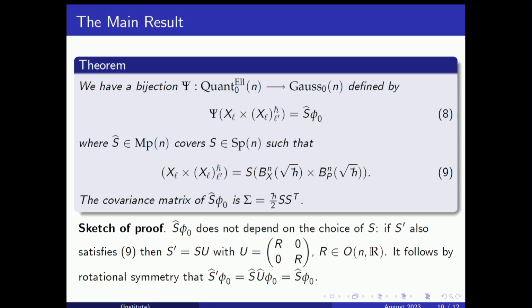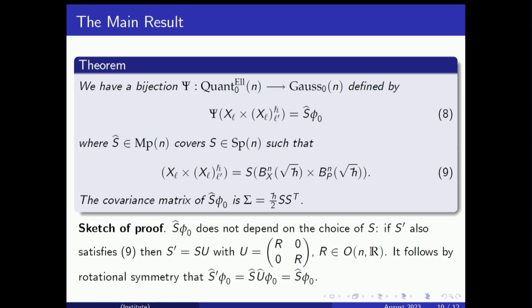So, where Ŝ in Mp(n), the metaplectic group, covers the S such that the geometric state is obtained from the canonical one using a symplectic transform, the covariance matrix of Ŝφ₀ is given by (h bar over 2) SSᵀ. This will be valid as well in a more general setup, as I will show next. The proof of this is based on a very simple idea.